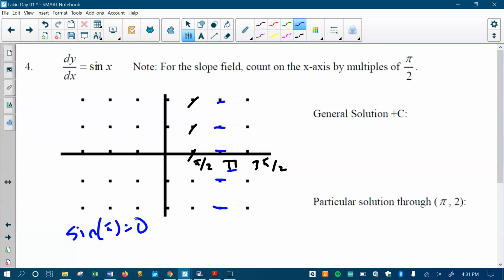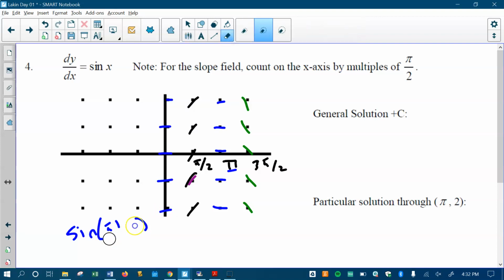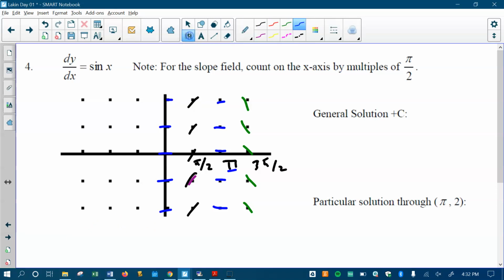Then sine of 3 pi over 2 is negative 1, so we have slopes of negative 1, drawn to the best of our ability. I didn't finish these, so I'll finish these up. Sine of 0 is 0, so we'll have a blue one again, and it looks like we're going to have an oscillating function here, a trigonometric one, sinusoidal, if you will.